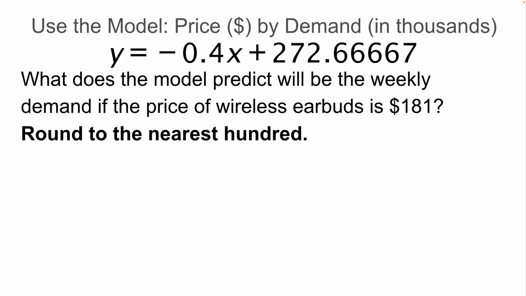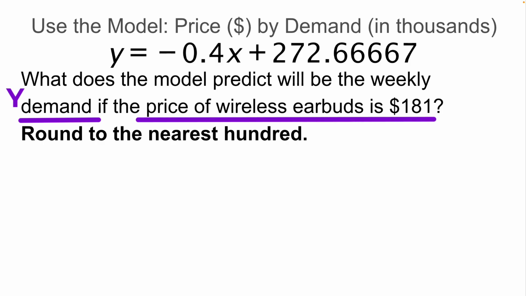Going back through the question, we're asked what will the model predict the weekly demand will be. So we're asked to find a Y value. Our Y values in our table were the demand values. If the price of wireless earbuds is set at 181, this is the X value. So essentially, we're asked to find Y when X is 181.